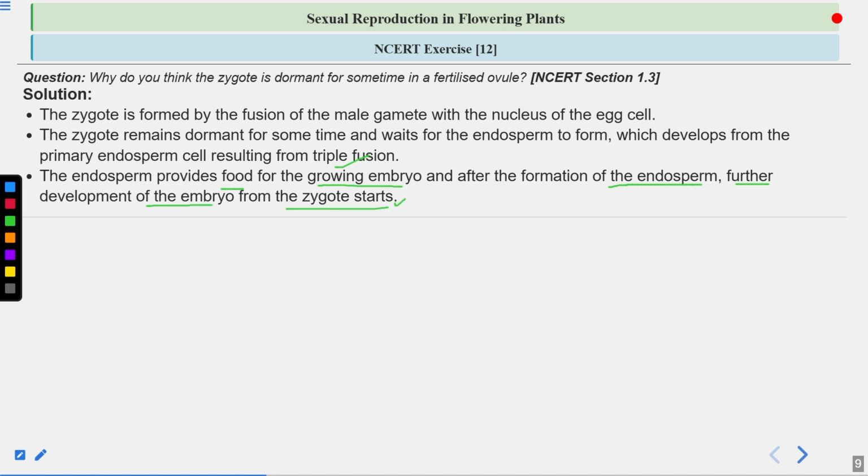So that's why the zygote stays in a dormant state for some time, and once the endosperm is formed, it becomes active, it divides and divides, and while dividing it requires the food material, the nourishment, and that is provided by the endosperm. Okay, so this was a very important question.